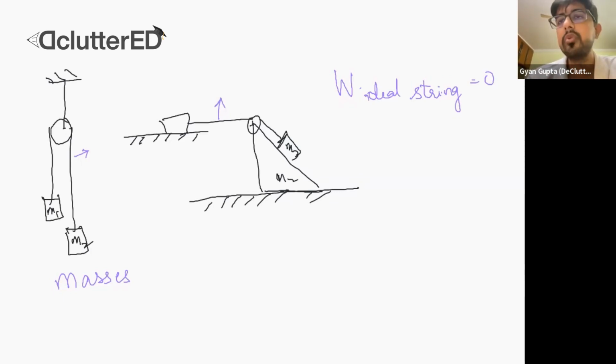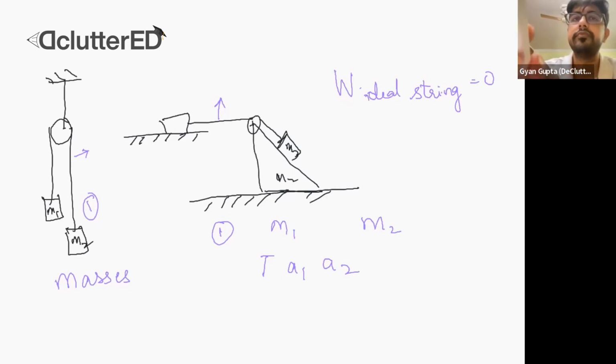When we draw the free body diagram, we will have a free body diagram of M1, M2. We will have two equations, but the number of unknowns will be tension, A1 and A2. We have two equations, but three variables. It's not possible to solve unless we find one more relation, and that relation comes from the virtual work method.